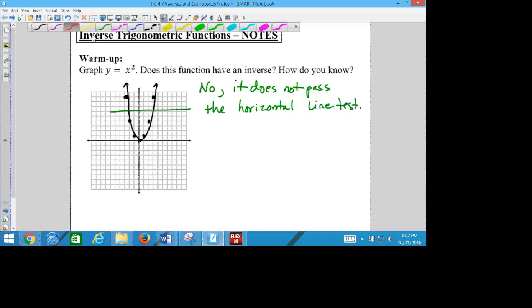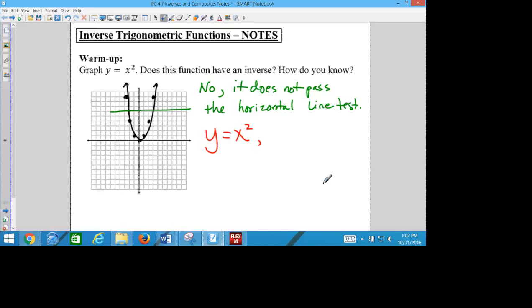Now, can I manipulate the original question so that it would have an inverse? Could I take y equals x squared and give it a restriction so that with the restriction it would have an inverse function?